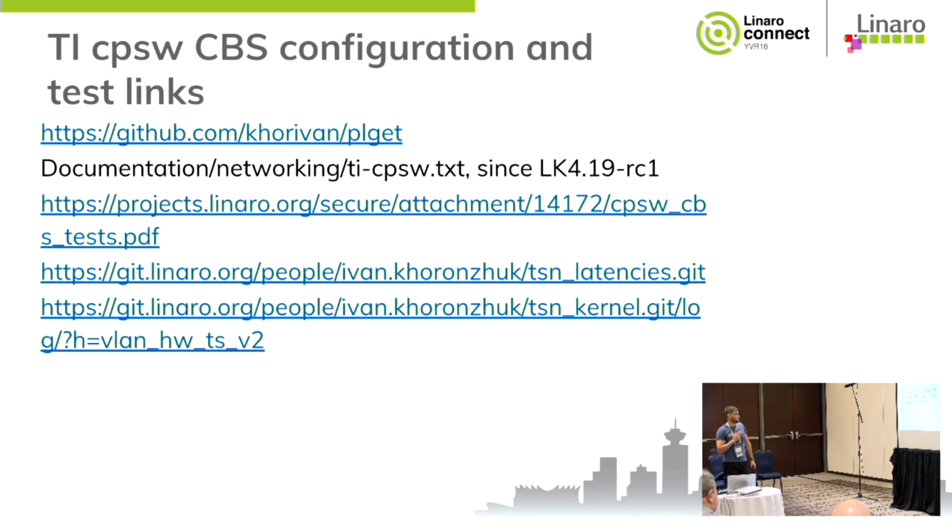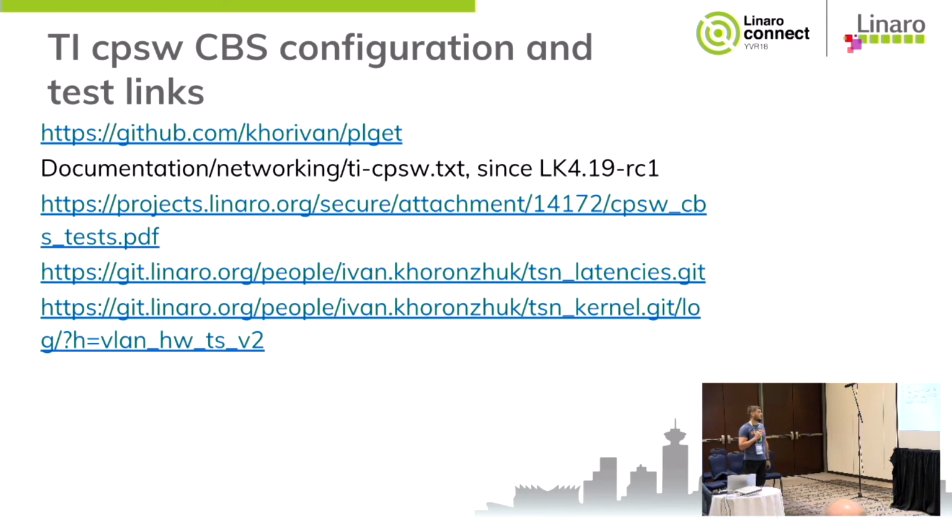We have a lot of measurements, and we used a self-written tool to get those results. Here are links where you can see them, and PLJet is a simple tool. You can see how we configured the shaping, the timestamping documentation, and how to configure shapers in the kernel now.